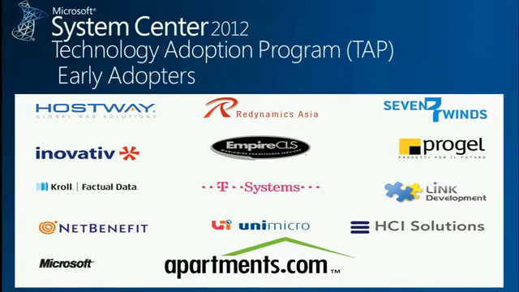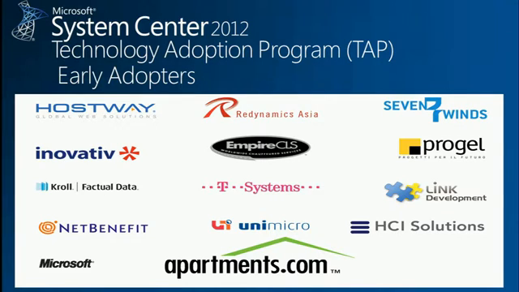I've highlighted just a couple of the logos here, the ones that we can sort of share on slides at big events. And what I love about our TAP program is they represent a whole bunch of vertical industries, a whole bunch of customers from all different sizes, and they bring to us very different challenges, each one of them. It's a privilege to work with them as we put together this product.